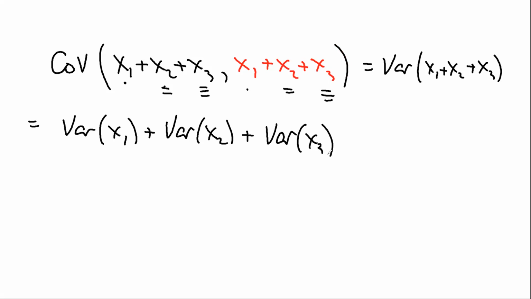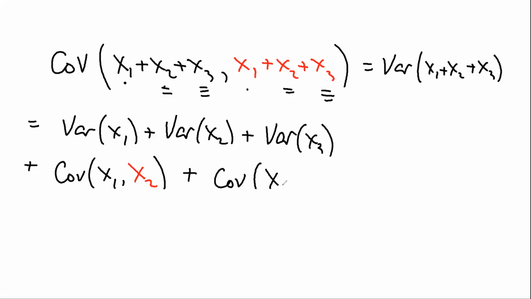Now, the other possibilities are what? So we can have, for instance, covariance, and I will draw it, x1 with x2, plus covariance of x1 with x3. And those are all the combinations of x1.